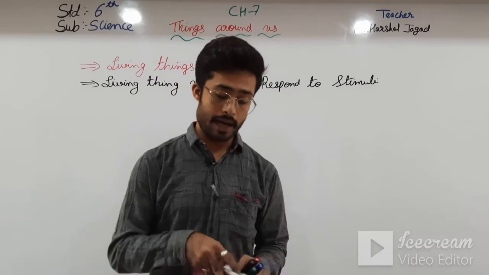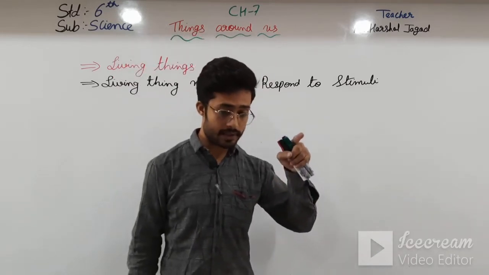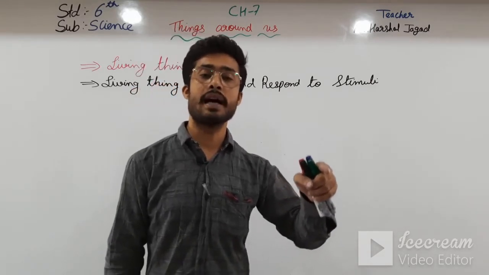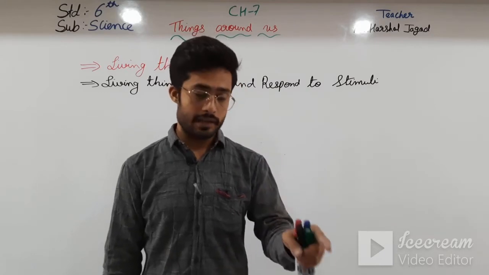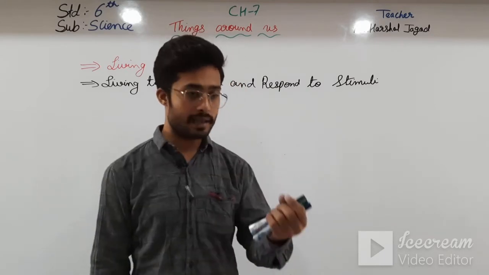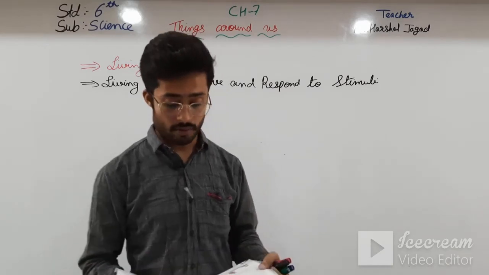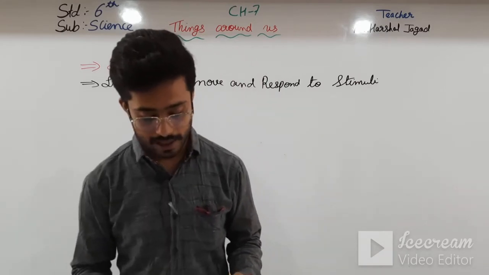So, there is a plant, it responds to a stimulus. When you touch the leaves of that plant, then they will close, and when you take your hand back, then they will open. Okay, see here a picture is given over here. That plant is known as the touch-me-not plant.